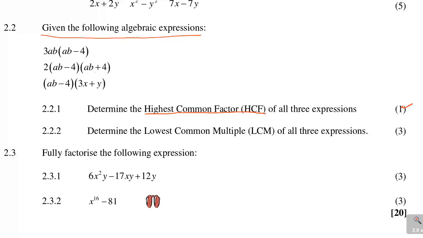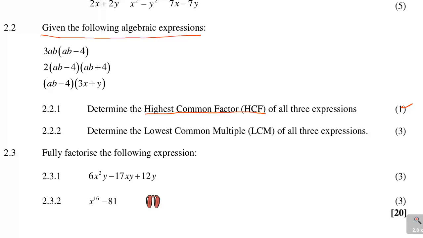As I said, the highest common factor is the one that must repeat in all the three. So we start with 3. You can see that 3 is not appearing in all the three. And then the A as a single standalone letter, it is also not appearing. Even the B is not appearing.